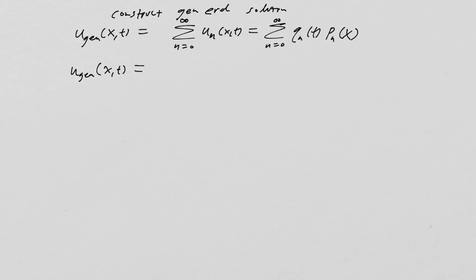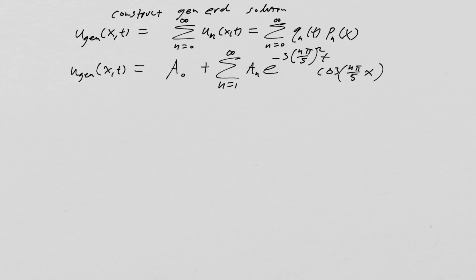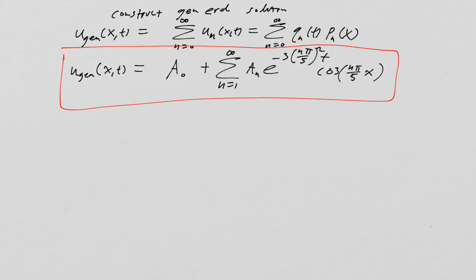We know the 0 solution is just going to be the constant, so we can just write that as A0. And then we're going to start our sum at n equals 1 and go up to forever. And we're going to have that an, that free parameter there, e to the negative 3 times n pi over 5 quantity squared times t times cosine of n pi over 5 times x. All right, so this is our general solution to our heat equation PDE with zero flux boundary conditions.